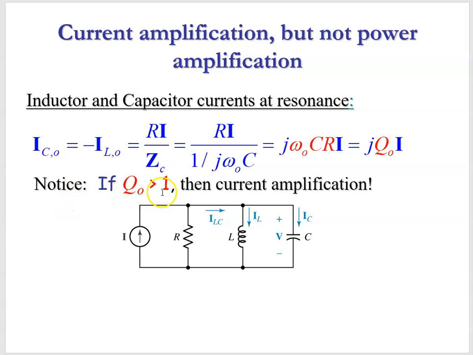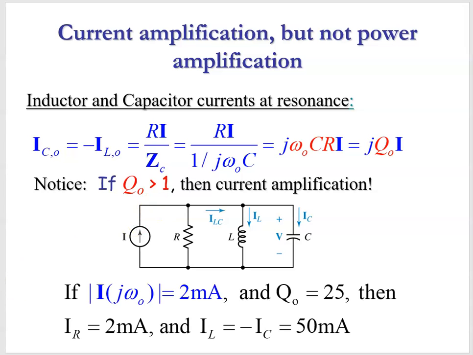So if that quality factor is greater than 1, then we have current amplification. For example, if we have the magnitude of our current source here at frequency omega naught equal to 2 milliamps, and we have a quality factor of 25, then the current through this resistor will be the 2 milliamps flowing downward, but the current through the inductor and capacitor will be 50 milliamps.